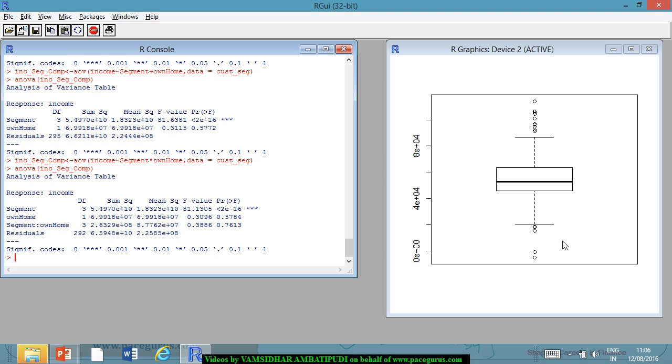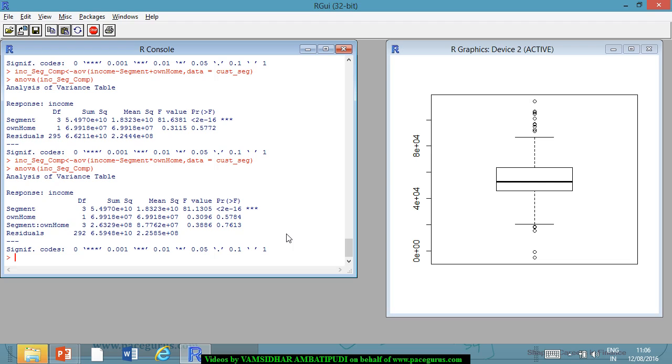Now in this case, you could see here the segment, this is the p-value, less than 0.05. Own home, this is the p-value, and the interaction, this is the p-value. So neither the interaction nor the own home are creating any kind of difference with respect to our income variable. It's only the segment which is a strong differentiator of income.